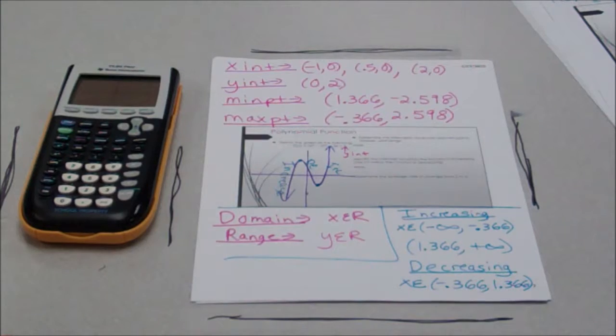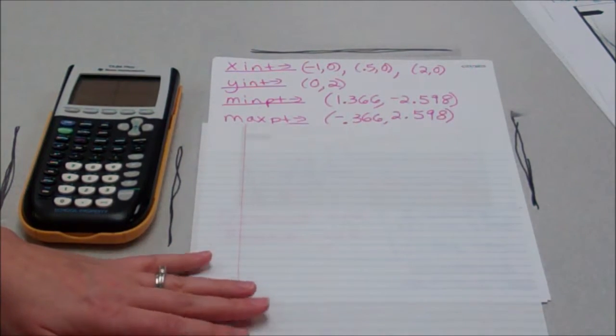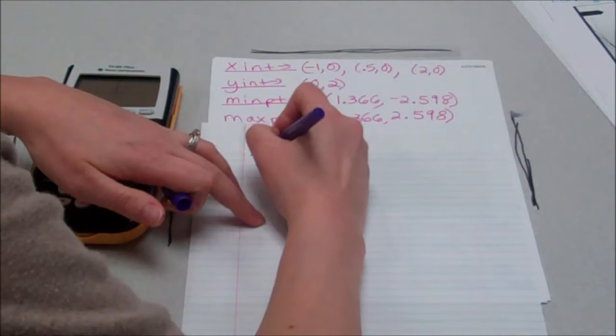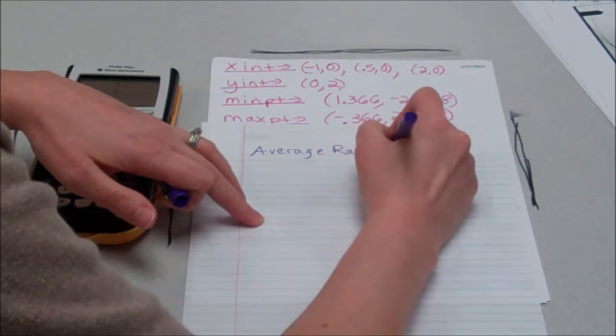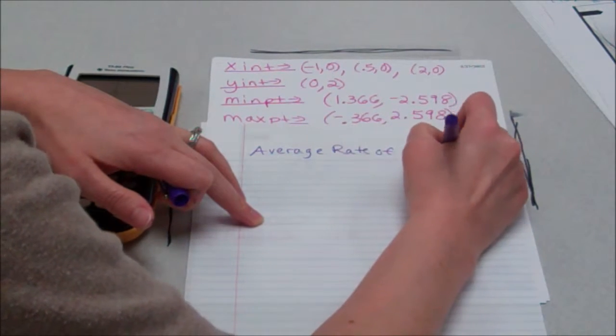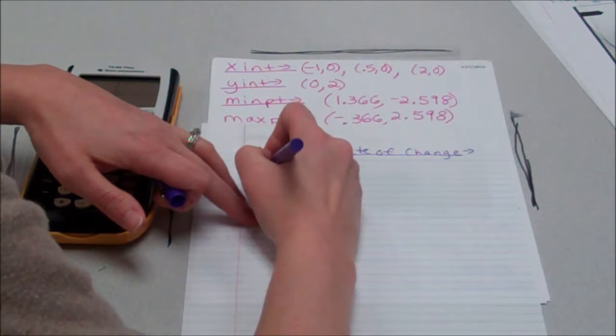All right, so the last thing that it asks you about is called average rate of change. A rate of change, guys, is a slope.